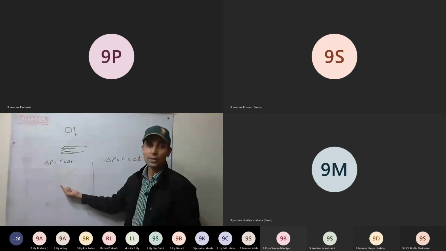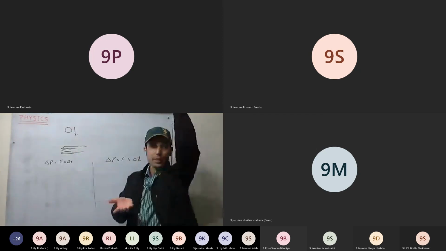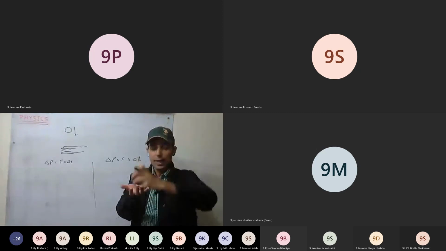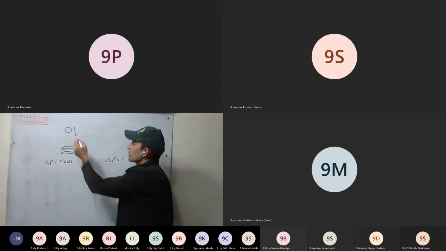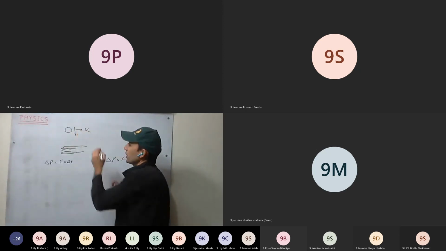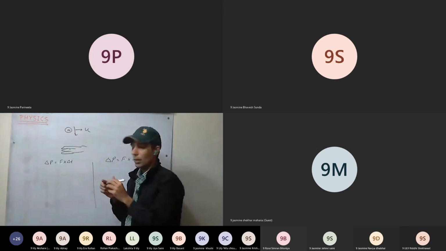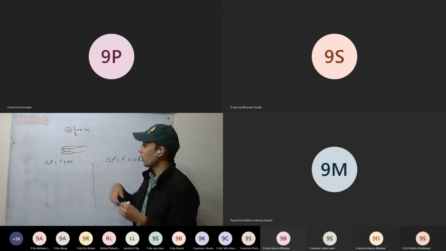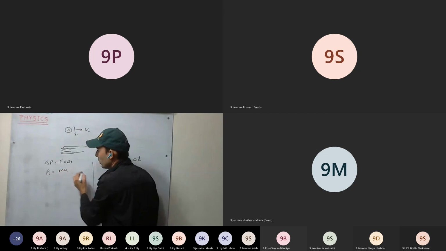Now, see here, in the first case, what does the catcher do? A ball is coming, it has velocity, and while catching, it has to come to rest. So, for example, it has initial velocity u, and its mass is m. So its initial momentum, P initial, is how much? mu.